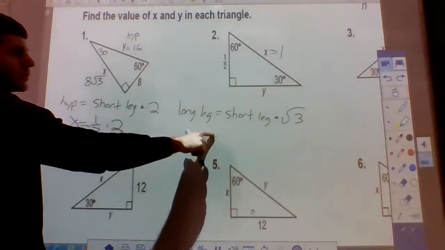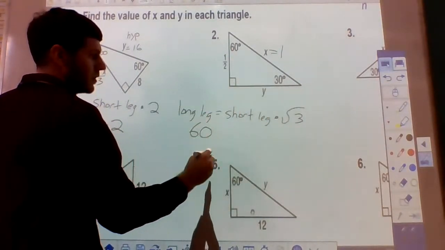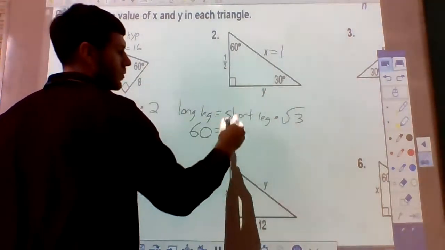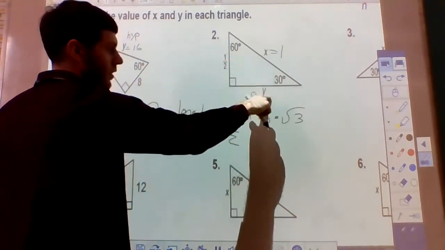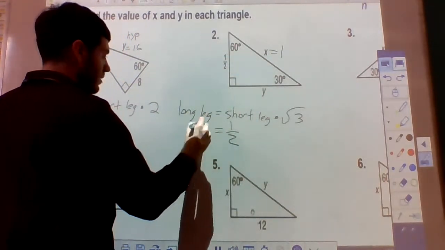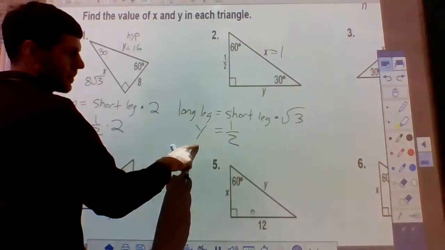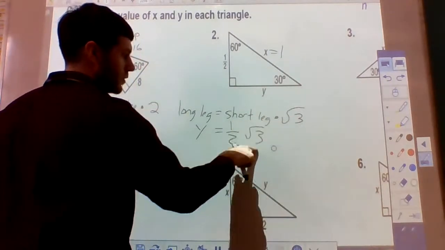The long leg is across from the longer side, so that is 60. The short leg is across from the shorter side, that's 1/2. I'm sorry, this is y. Across from the 60 is y. And then we have times the square root of 3. Short leg times the square root of 3.